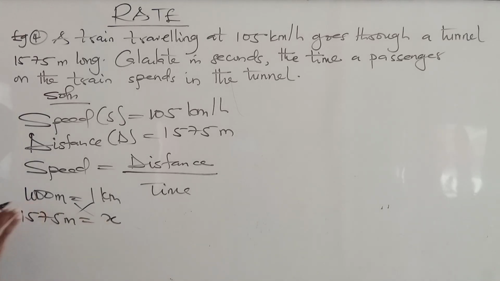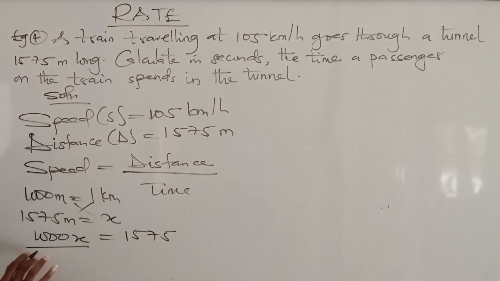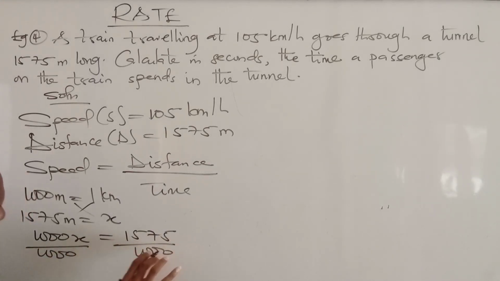So S times 1,000 gives me 1,000S. I hope you agree with me. So we have 1,000S equals 1,575 times 1, which gives me 1,575. For us to get our S, we divide through the equation by 1,000, here also by 1,000.